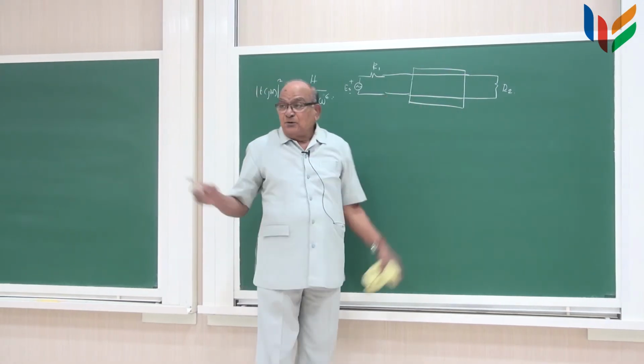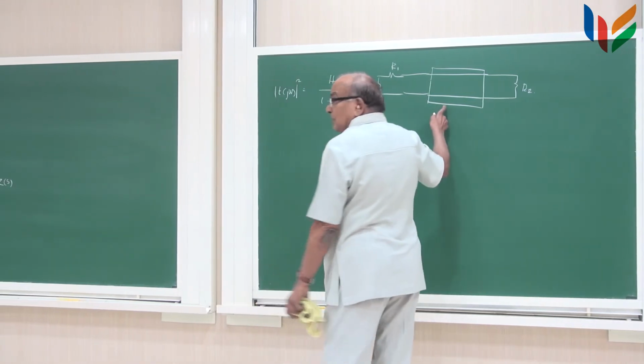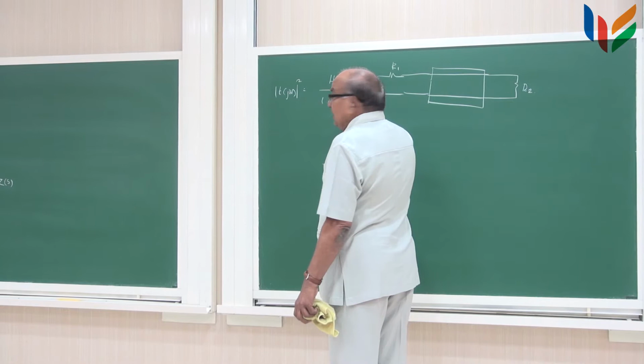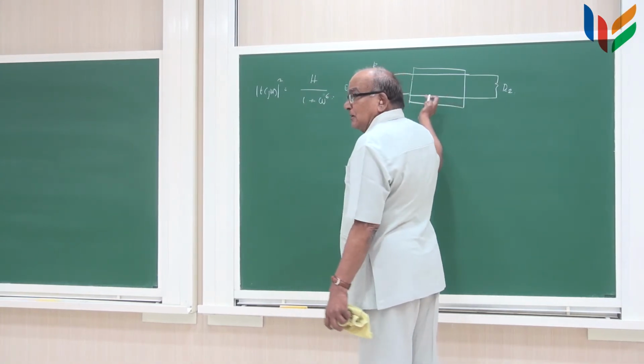So, this filter which you are designing at s equal to 0 should have the value of |T(jω)|² equal to whatever comes with this network. And how much is that?